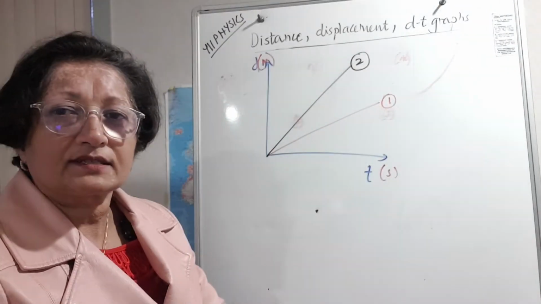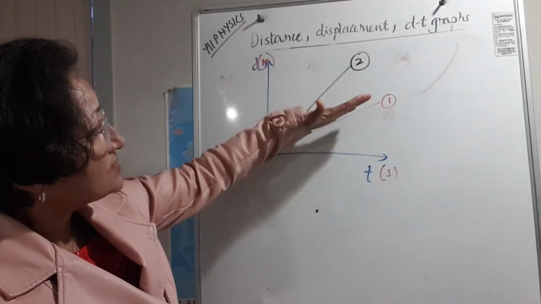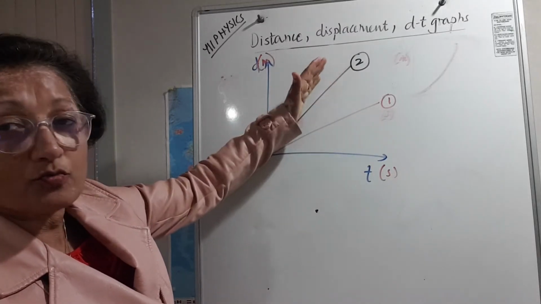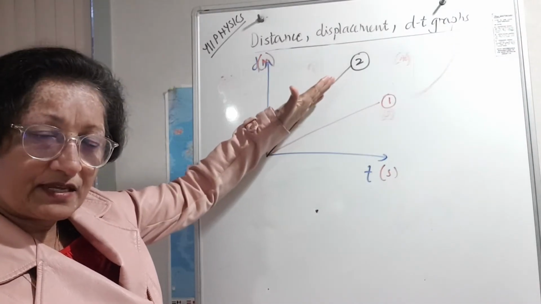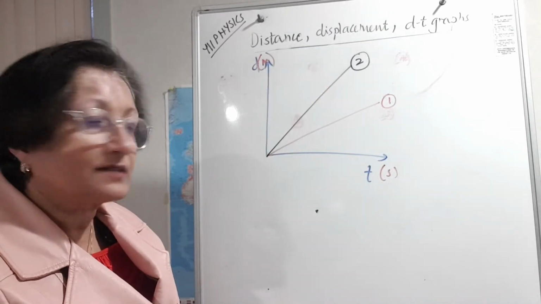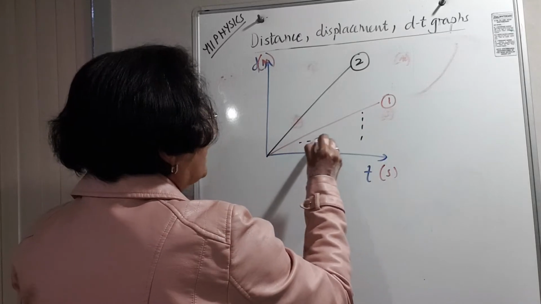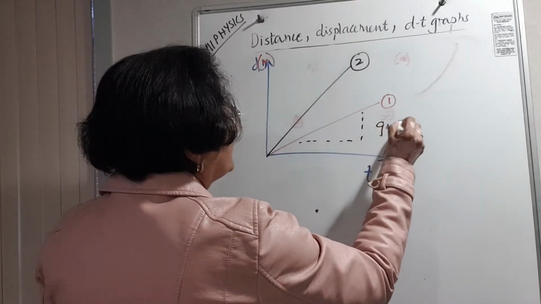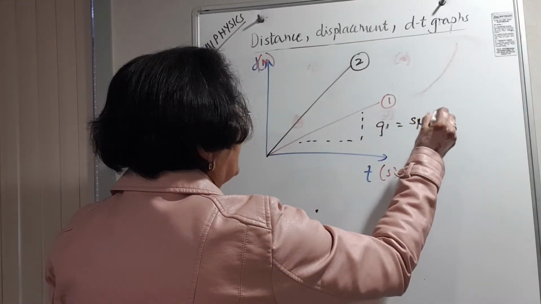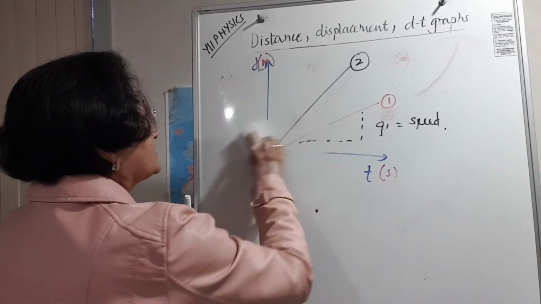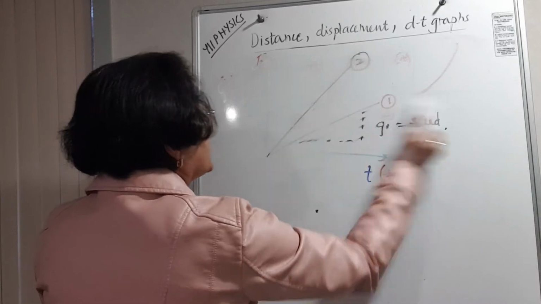So if you notice, graph line 1 is not as steep as graph line 2. So the steeper the slope, the faster the speed. Now, how do you calculate speed from a distance time graph? The gradient of the graph, which is rise over run, gives you the speed.